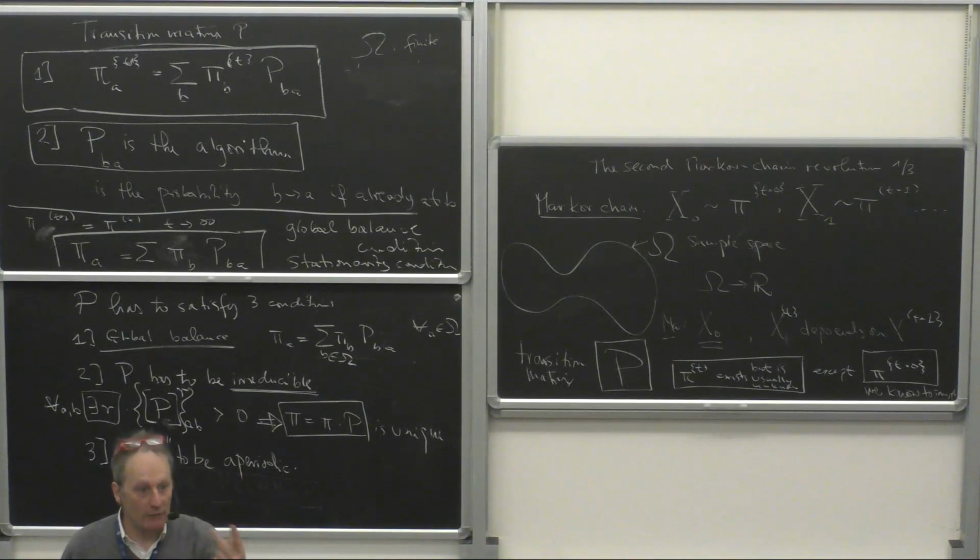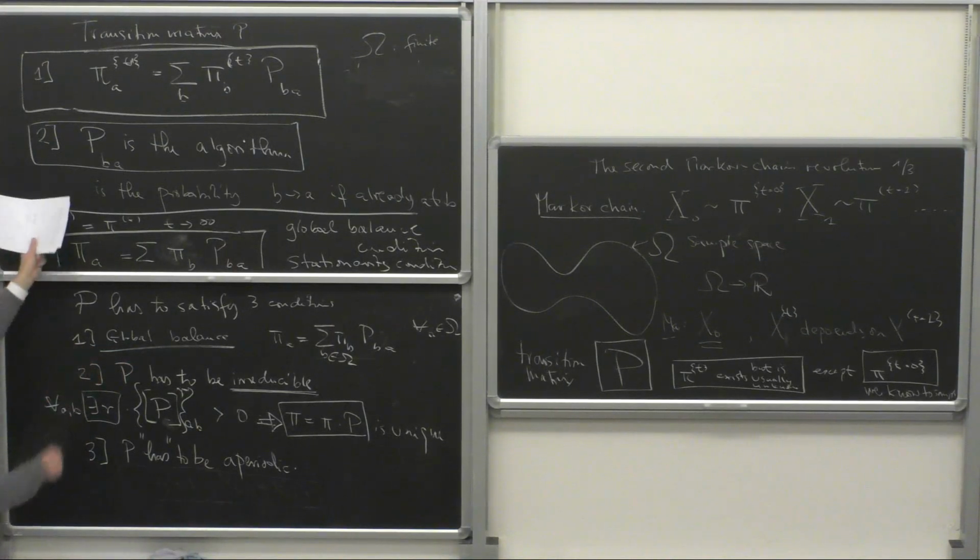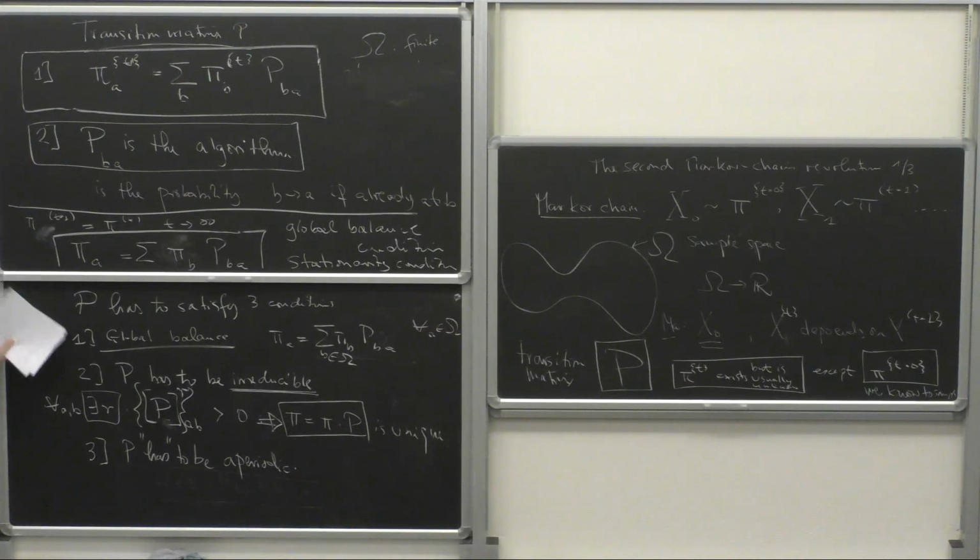And we are looking for transition matrices P which satisfy this condition. So our space of experiments of algorithms, P is, I told you, the algorithm, and pi is the steady state that we impose.